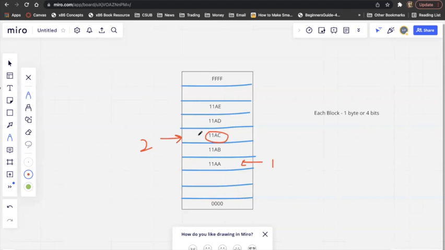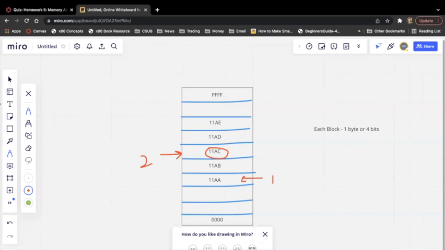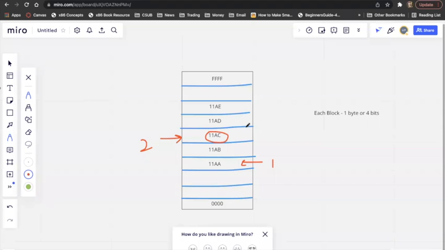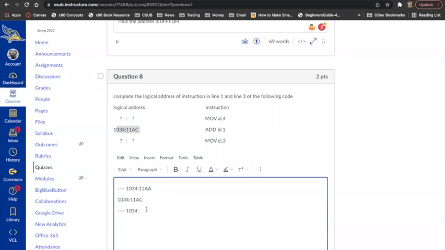And similarly, if this is line 2, and line 2 and line 3 have a size of 8 bits, the next instruction will be 8 bits away from this address. So this will be our line 3, and the address will be 11AE. Is that pretty straightforward? I hope this makes sense.